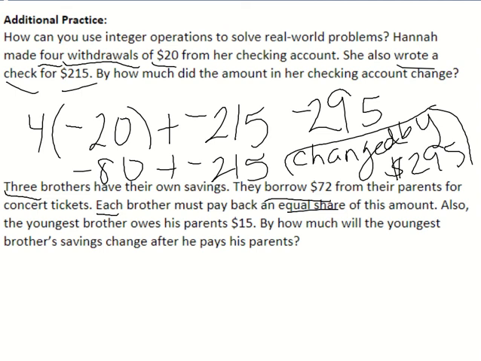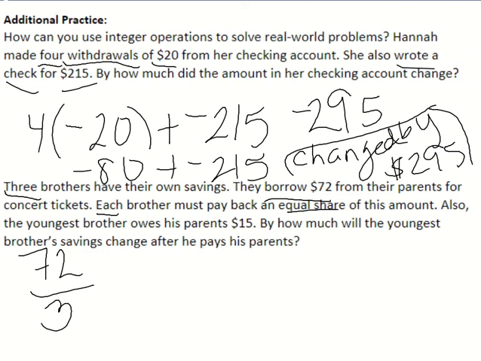When we break things up into pieces so that they are equal, it's like cutting a pie or a pizza. That's division. I'm dividing a whole into smaller pieces. So we should have taken 72 and divided it by 3. That'll tell us how much each brother is going to pay.